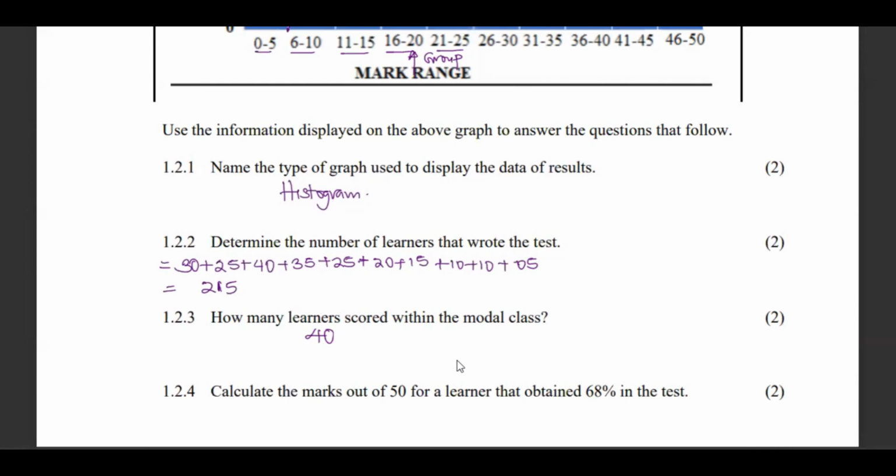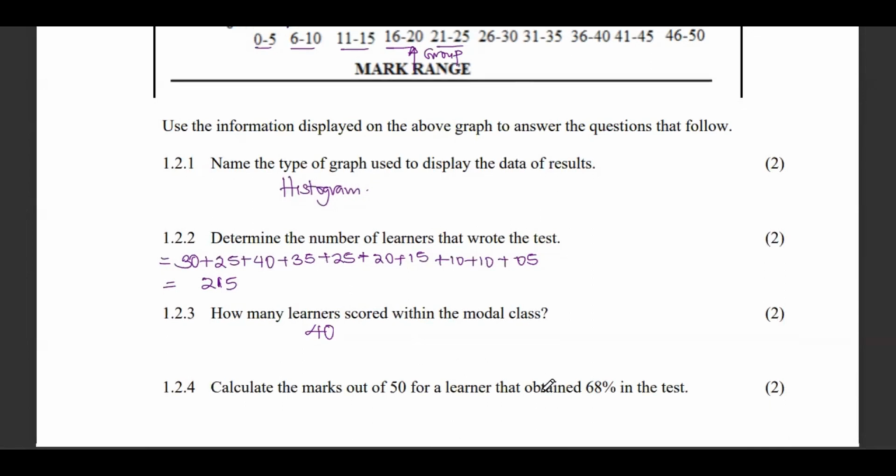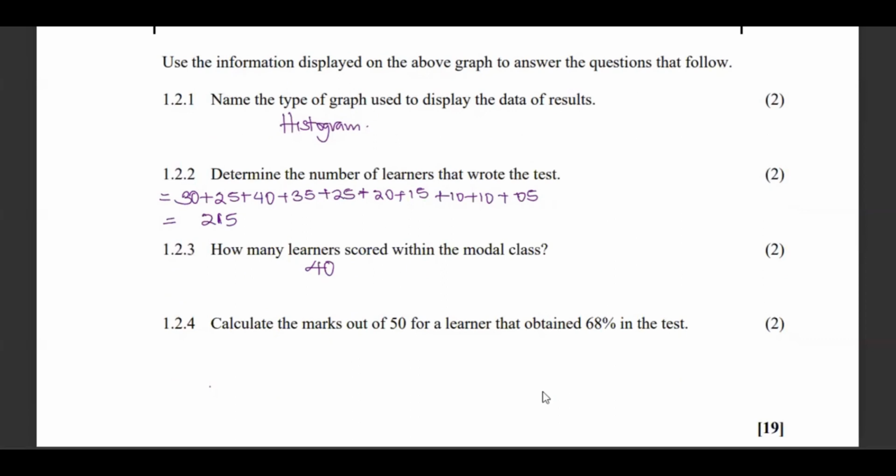Calculate the mark out of 50 for the learner that obtained 86 in the test. So simple. Let's say this is 86%. You need it to become out of 50. All you do, multiply by 50.